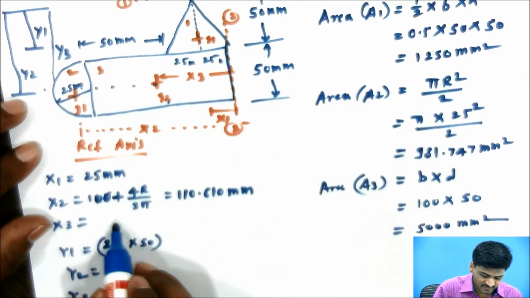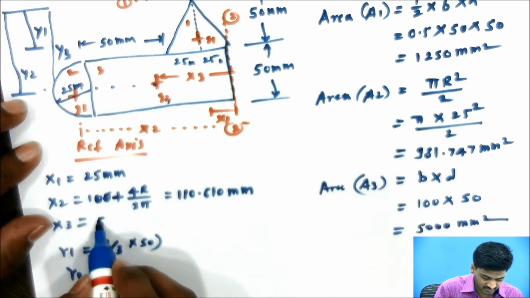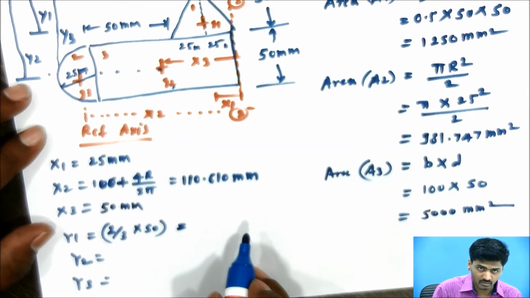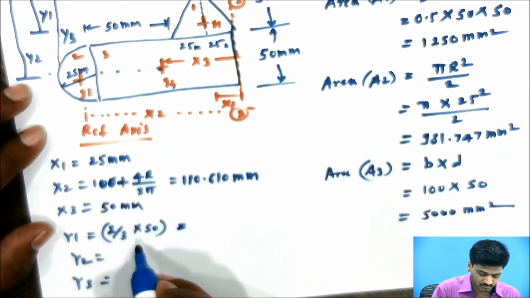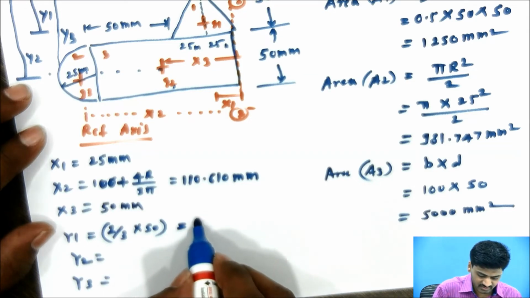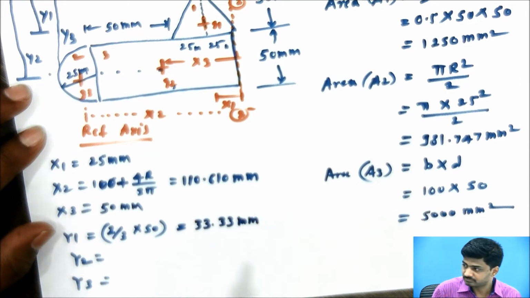Another dimension remains, that is x3. x3 is half of this, so that is nothing but 50. And y1, 2/3 of the span, so 2/3 of 50, you will get 33.33 mm.